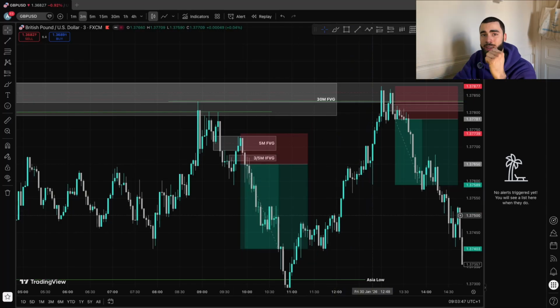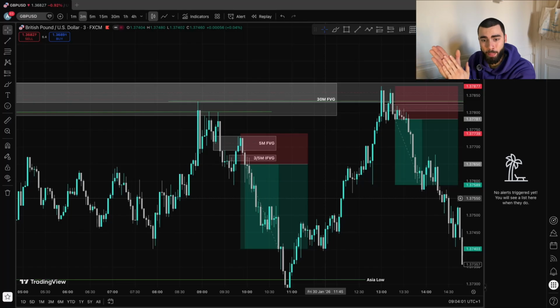So now it hit a liquidity sweep in a higher time frame fair value gap, which created a retracement into a 5-minute fair value gap, and it created a 3 to 5-minute inverse. That is the golden A++ setup for me.